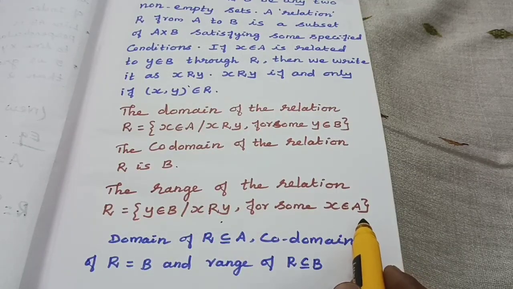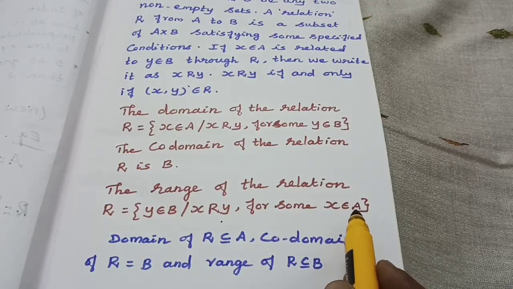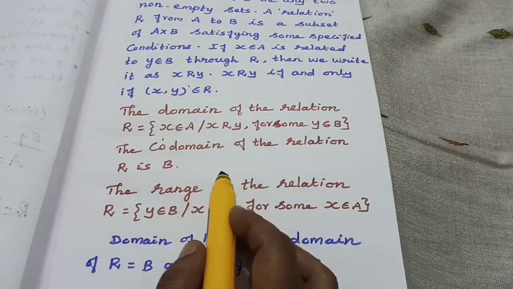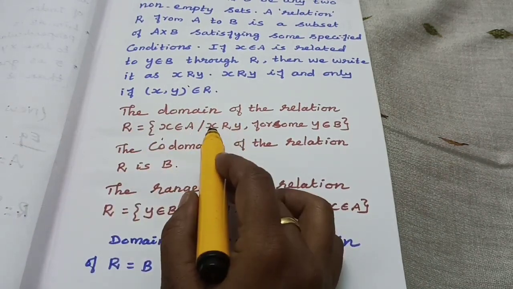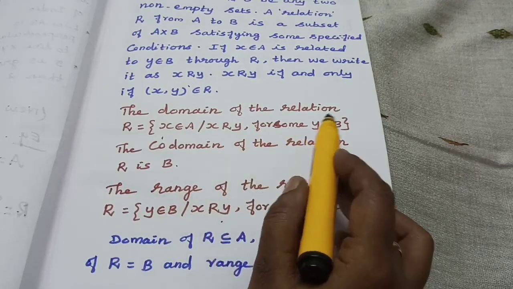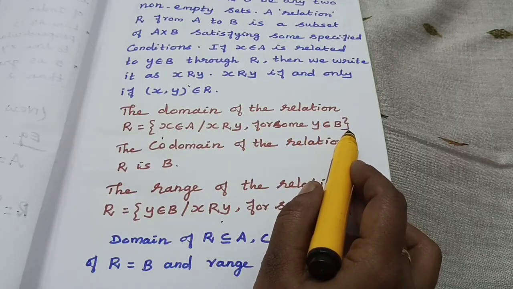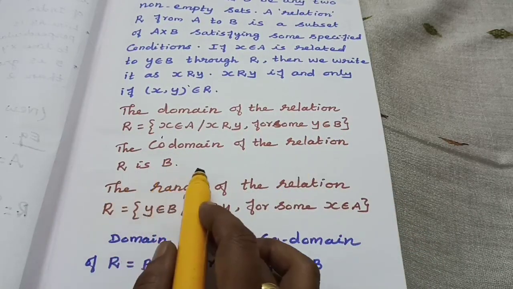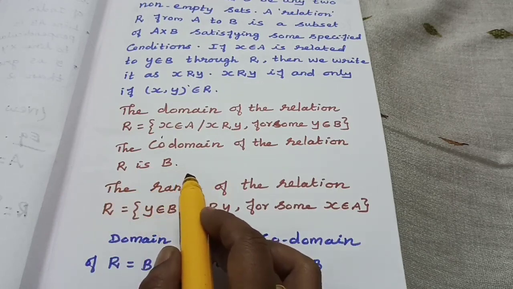Okay, then the domain of the relation R is equal to X belongs to A such that X is related to Y for some Y belongs to B. Okay, then the codomain of the relation R is which one? B, isn't it?